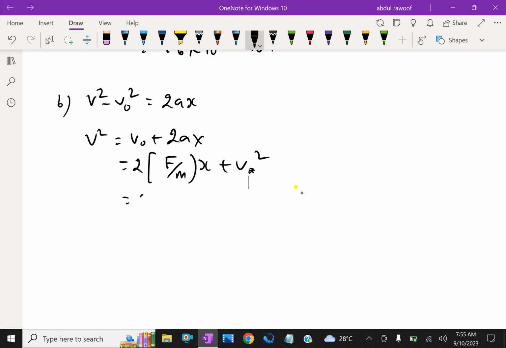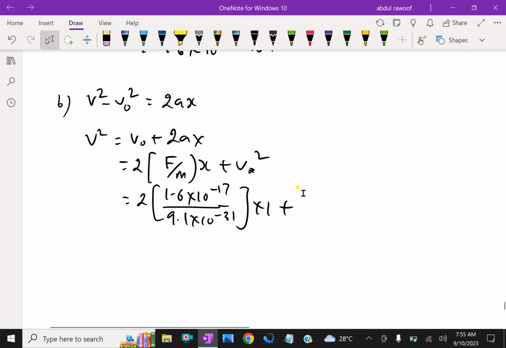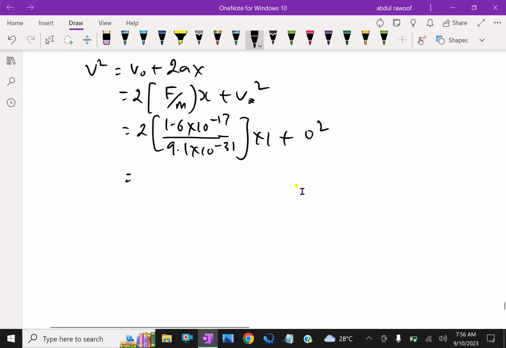Now we'll apply the values. 2 into force is 1.6 into 10 power minus 19 Newton, mass of an electron is 9.1 into 10 power minus 31, into x distance is 1 meter, plus 0 square. So we have 0.35 into 10 power 14.